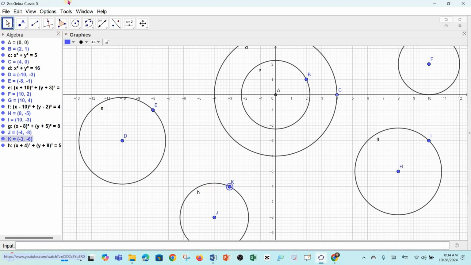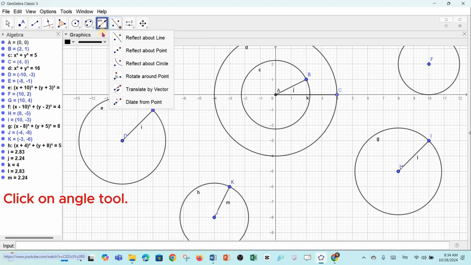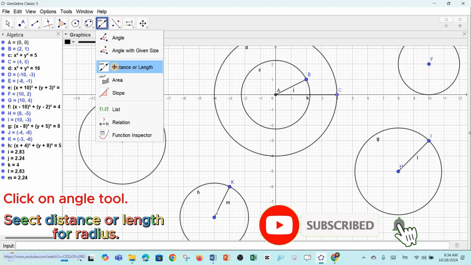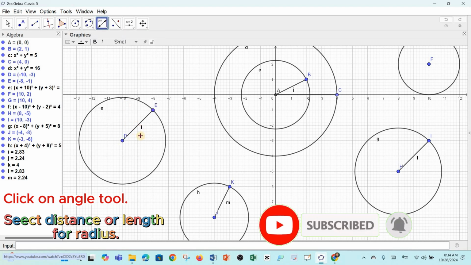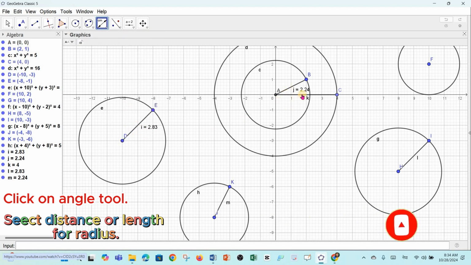And if you want to find its radius, then just select the segment tool and join the center and a point on the circumference. Now from the angle toolbar, click on distance or length, then click on the radius; the radius is given.